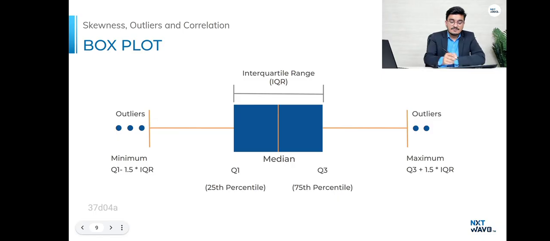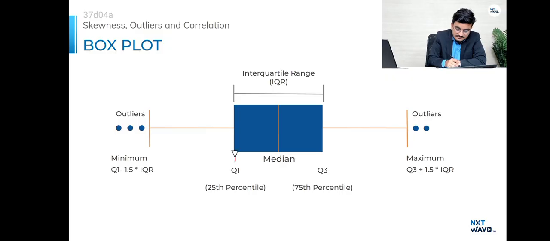If you remember, in the visualizations module, we discussed the box plot, where this box represents our quartiles, Q1 and Q3, and this line represents our median, right? And these lines represent our whiskers, where this one is the lower whisker and this one is the upper whisker, right?